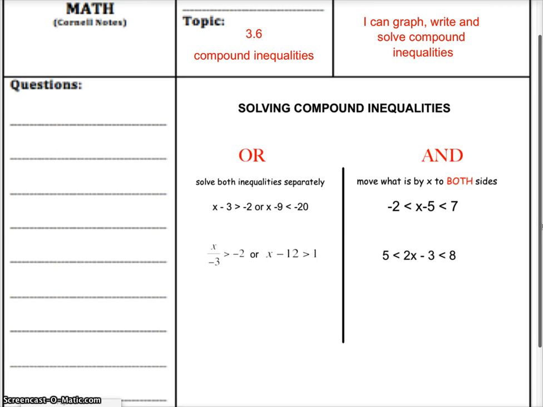You either have an or inequality or an and. You solve them both differently. For an or inequality, you're going to solve them both separately, box off separately.